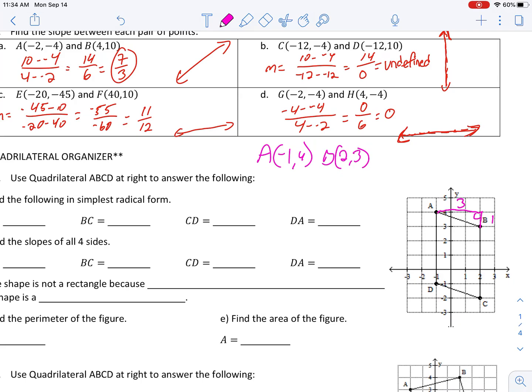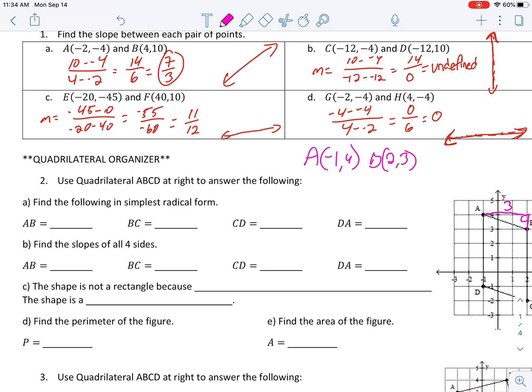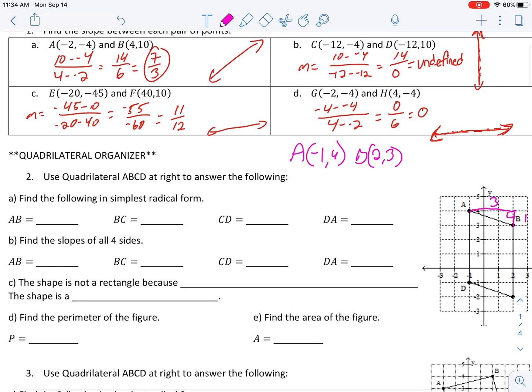Whatever you want to do, it's fine. I usually revert to doing this in my head by doing a little right triangle like I did. But you can also just plow through using the distance formula. I don't care. Just make sure you're great at finding lengths, okay? So on that one, the length of AB, 3 squared plus 1 squared, I get the square root of 10.